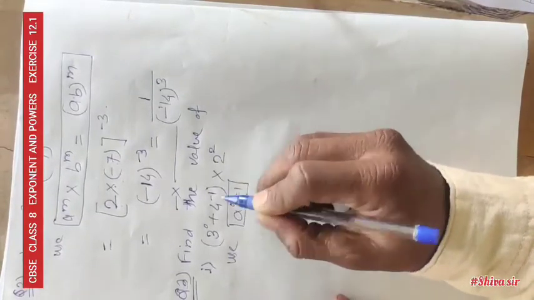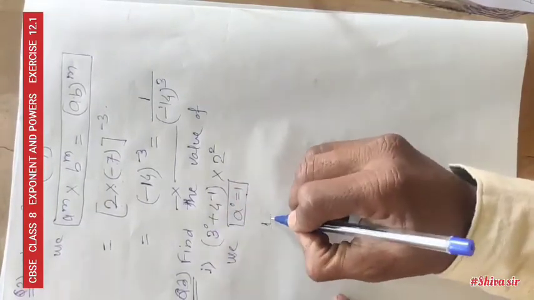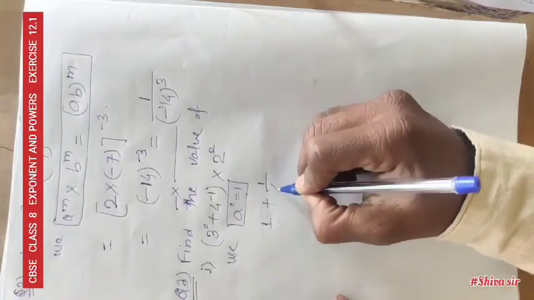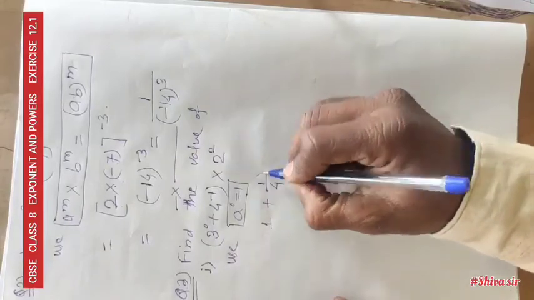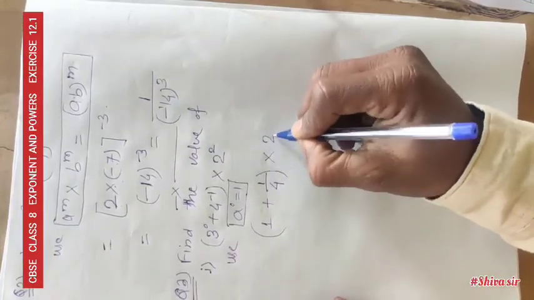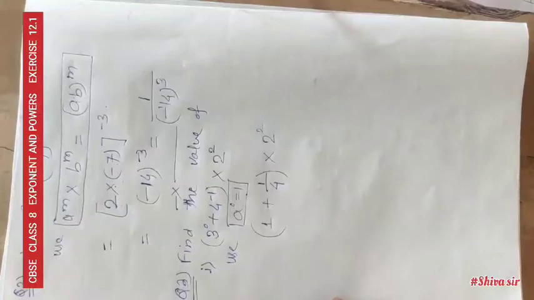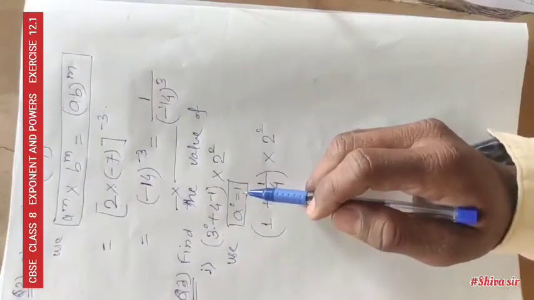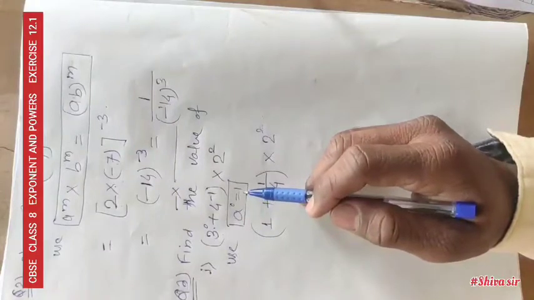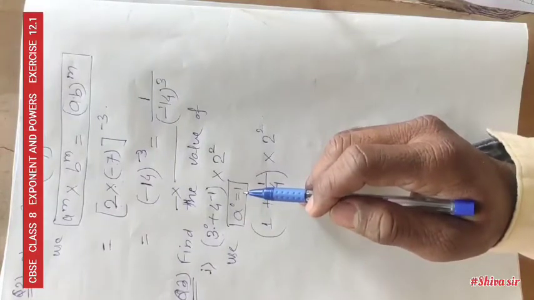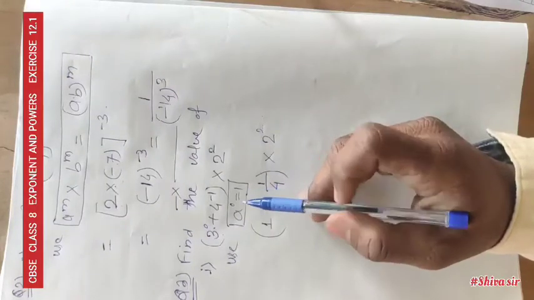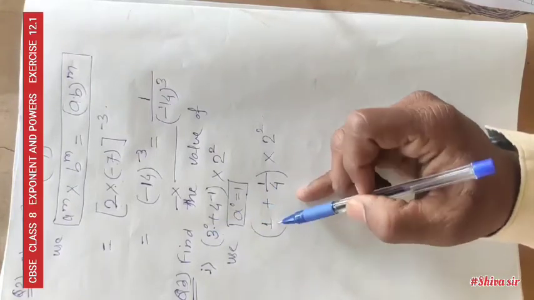So 3 raised to the power 0 means 1, plus 4 raised to the power minus 1, that is 1 upon 4, bracket complete, into 2 square as it is. Understand? Any number, any expression, any symbol, any constant whose power is 0, its answer is 1. So therefore 3 raised to the power 0 is 1.